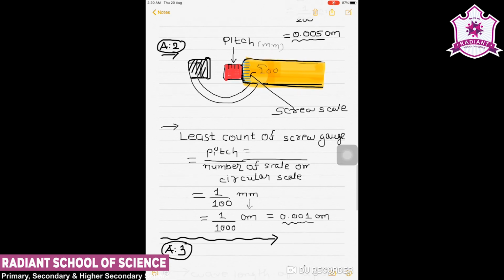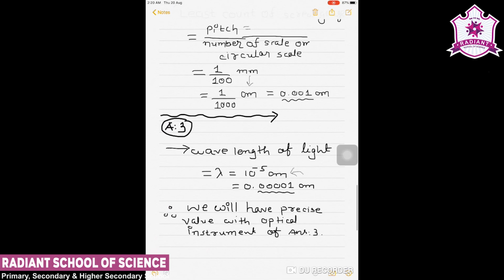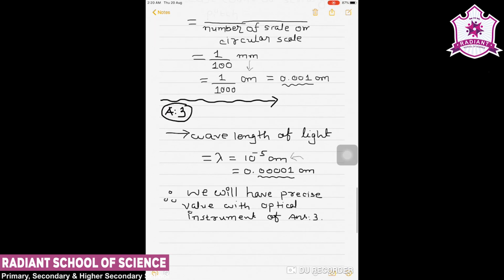Therefore, out of all these three instruments, that is vernier calipers, micrometer screw gauge, and an optical instrument, we have more precision in the optical instrument because it gives the value of 0.00001.